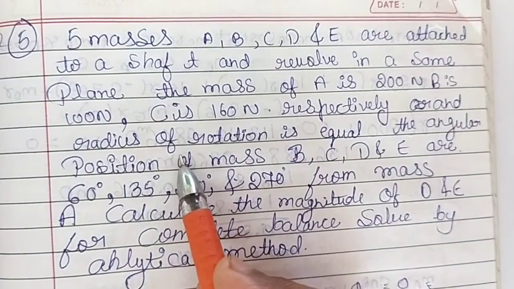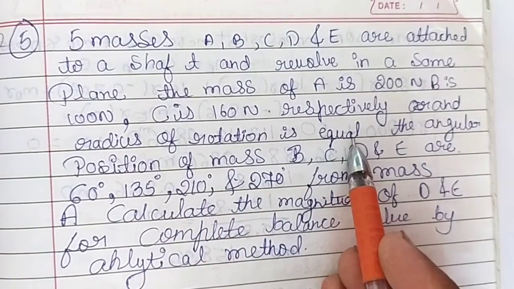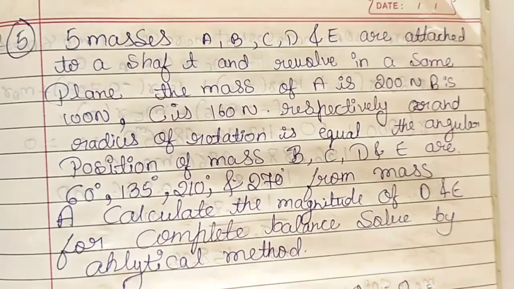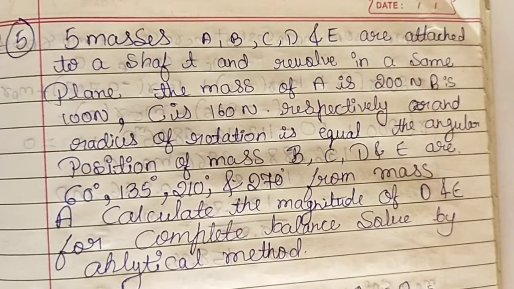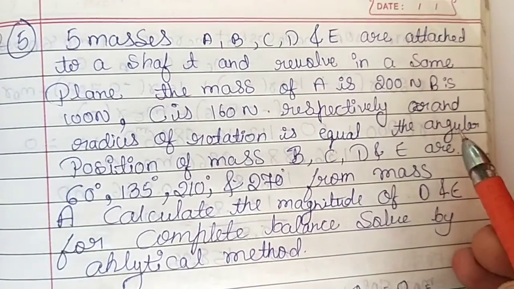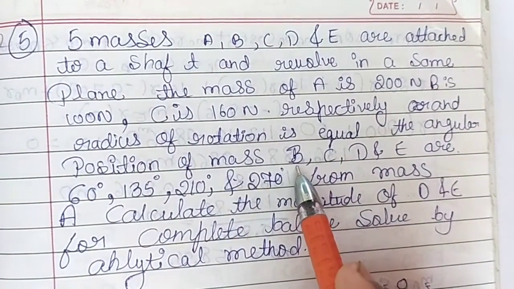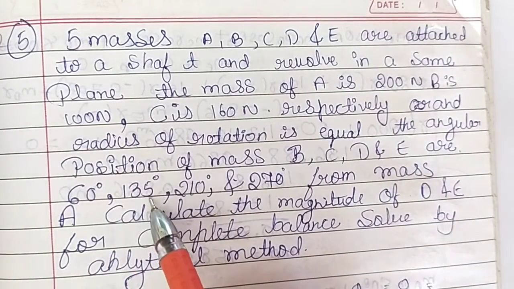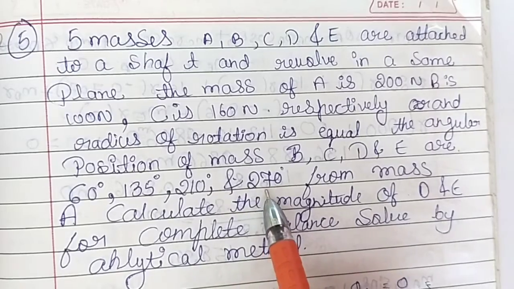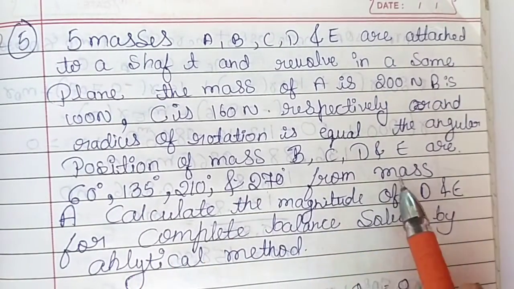The radius of rotation is equal, that means all are rotating in the same radius, which we will take as R. The angular positions of masses B, C, D and E are 60 degree, 135 degree, 210 degree and 270 degree. So 4 angles are given from mass A.